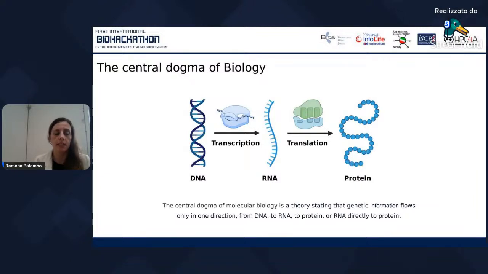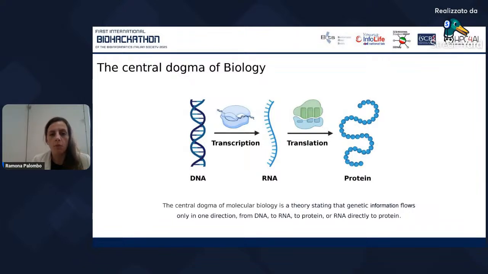So differences in the RNA sequence could give a different protein, and so the alternative splicing events that can give different kinds of RNA starting from the same locus, the same region of DNA, is an example of what I say.